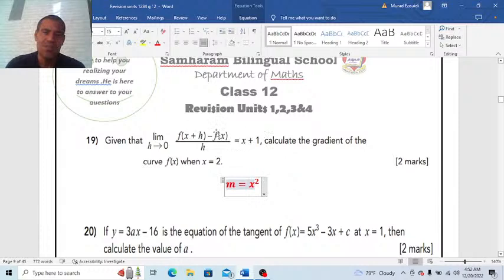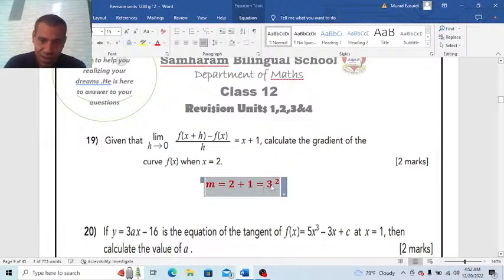Okay, this is called the first principle of the derivative, the first principle. Therefore this one is equal to 2 plus 1, which gives 3. I will erase this one.